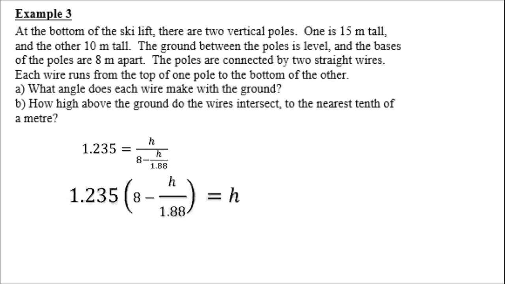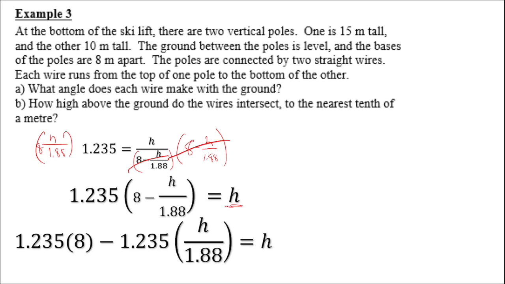All right, let's do this math. What did we do first? We multiply both sides by 8 minus H over 1.88. So we can do that. Cross this out. And that's why we're left with H on one side and that on the other.